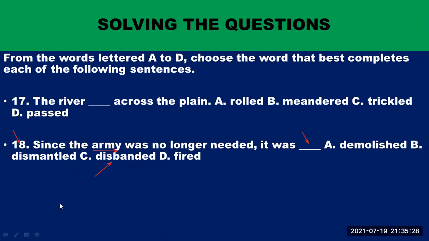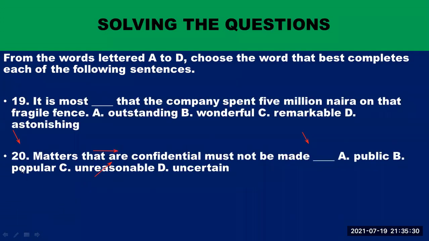Question 19: It is most dash that the company spent 5 million naira on that fragile fence. A, outstanding, B, wonderful, C, remarkable, D, astonishing. First, we have to also look at the concept of tone here. From the speaker's tone, we can deduce the kind of word that should fit in here.